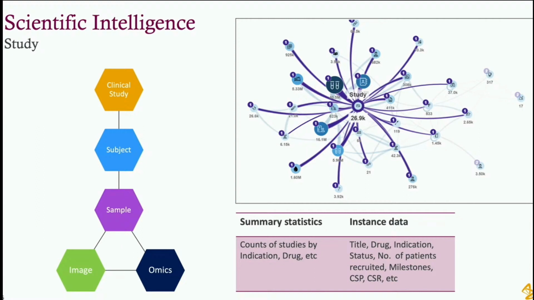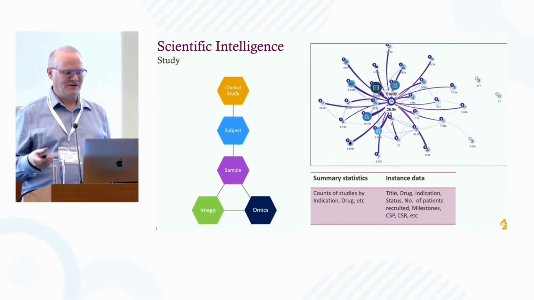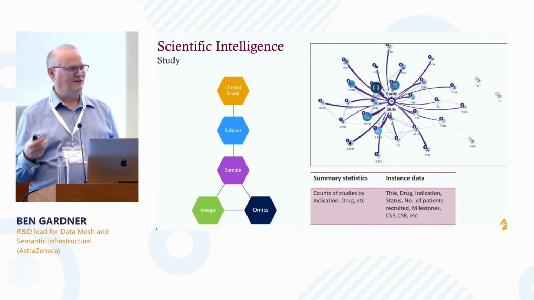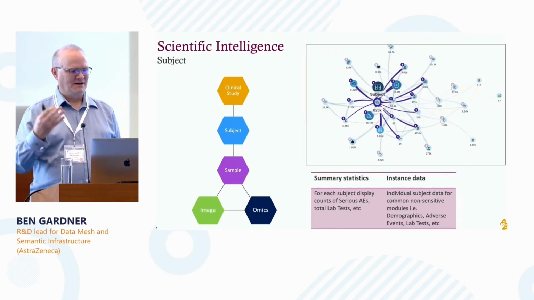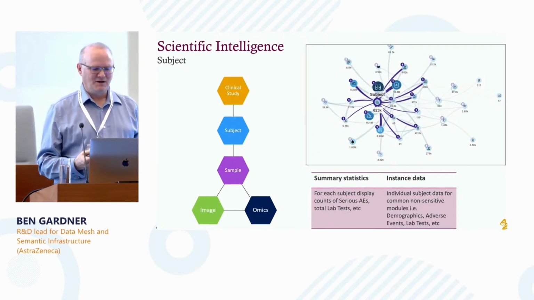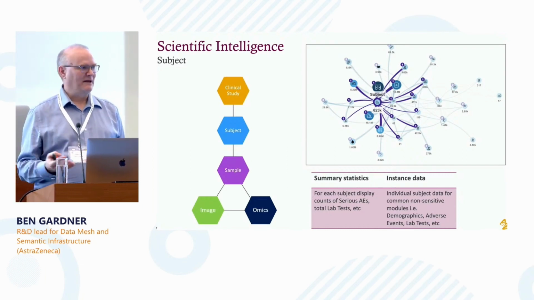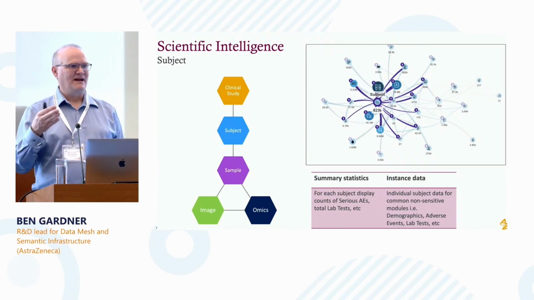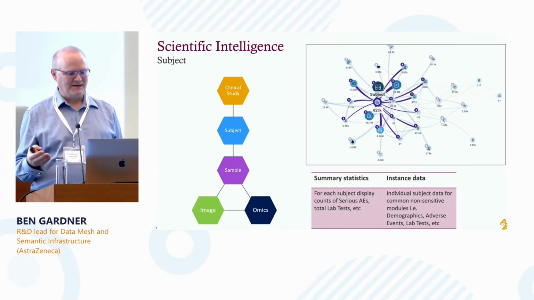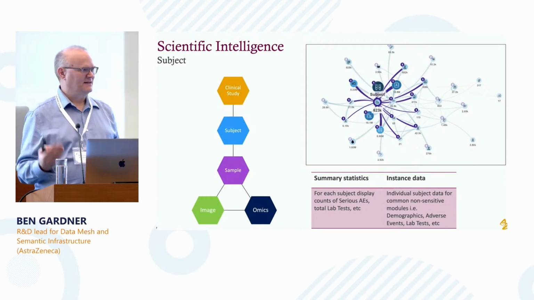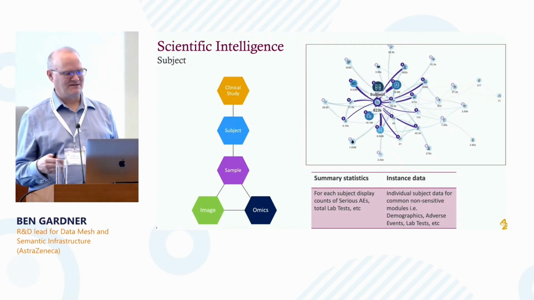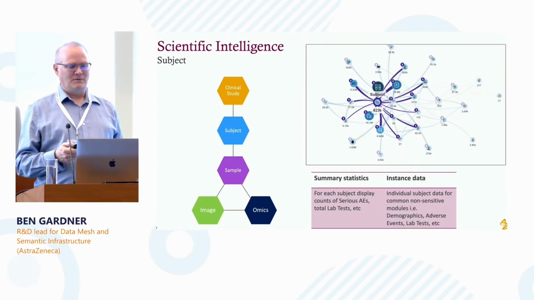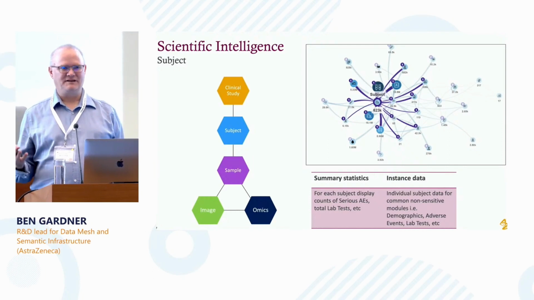So the number of studies by indication or by drug, but also at the individual study level, the title, the status of that study, the phase that it went through, the number of patients, etc. And then as we move down into the subject, we now have summary information about how many adverse events of a particular type were observed at a summary level, whereas at the individual level we can go down and actually look at their demographic information, the adverse events, the lab tests that were performed, their vital signs, those sorts of things. We don't have all of the clinical data that's generated around the study.